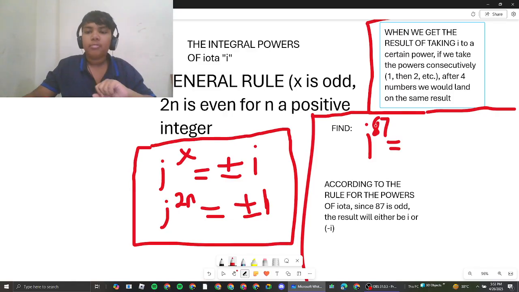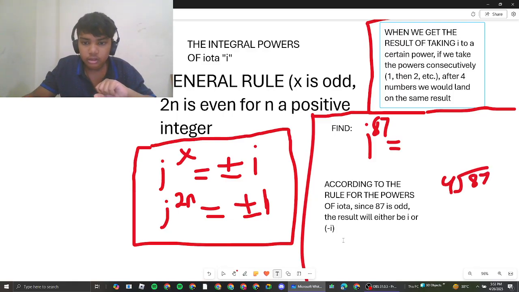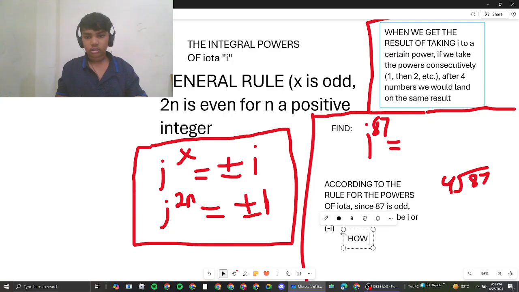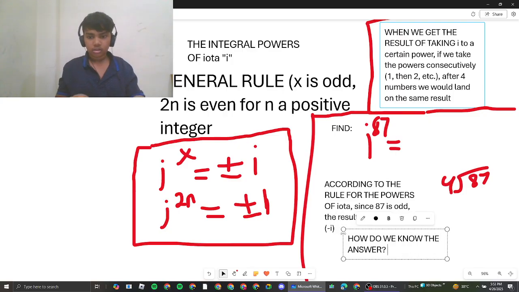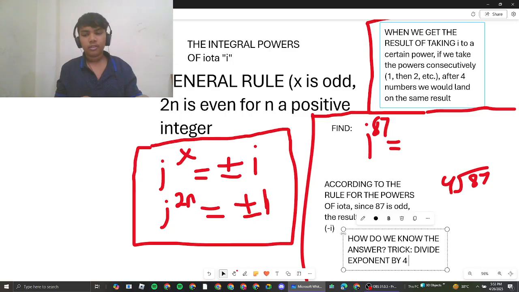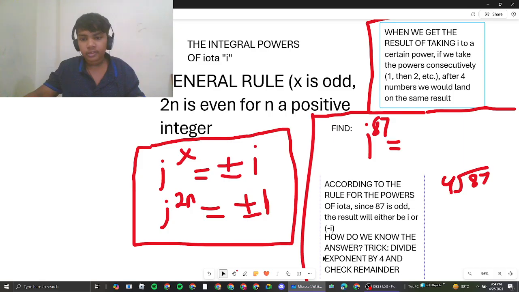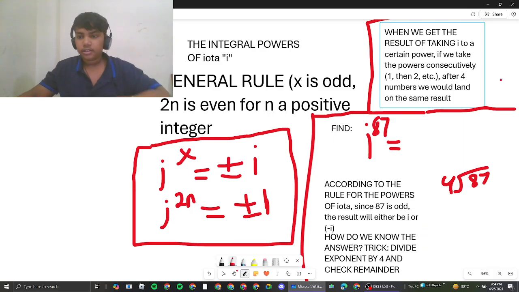The trick is to divide by 4. Okay, look, I'm gonna explain this. First, let's divide this.